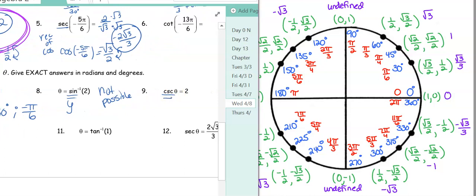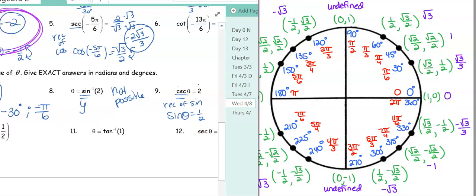Cosecant of 2. Okay, so remember, cosecant is the reciprocal of sine. Cosecant is not on your unit circle, but sine is. So if we have a cosecant value of 2, that came from a sine value of 1/2. So what we're looking for is what angle gives us a sine value of 1/2.